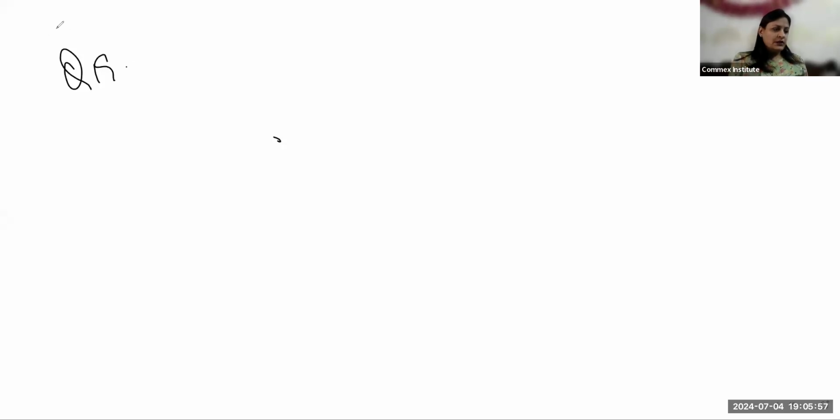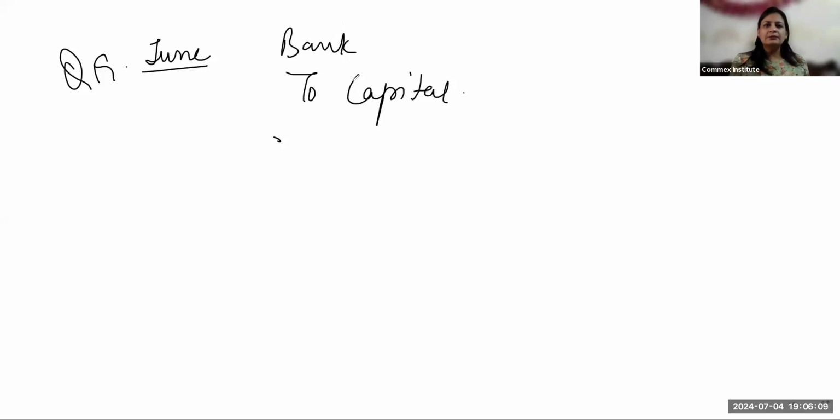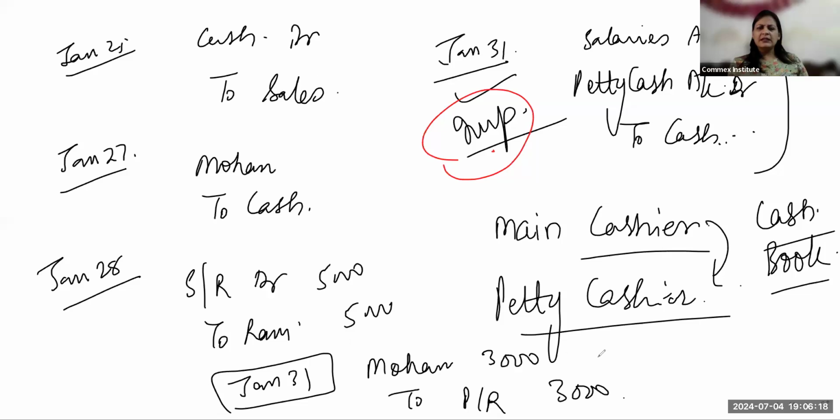Okay, this is important. This is additional capital. This entry you were asking about, Priyanka, that day. So it will be bank to capital. We've done the Jan 20th entry, the last entry we've done, no? Mohan or Rehan, we have done this entry, look.